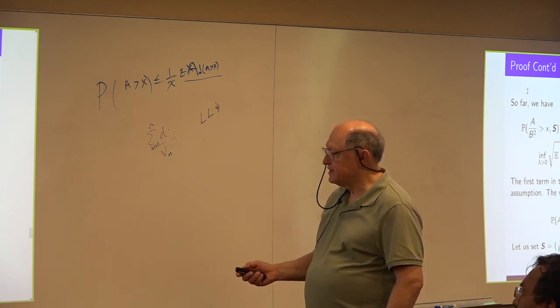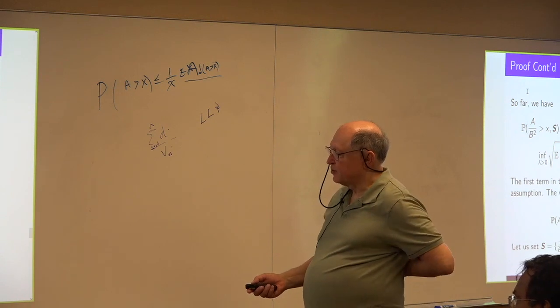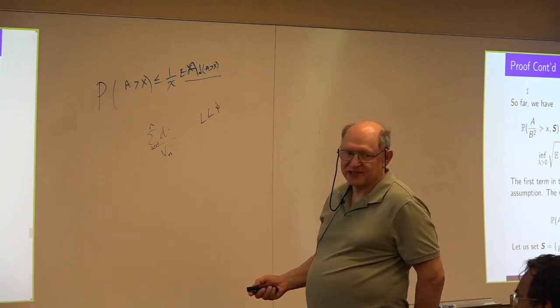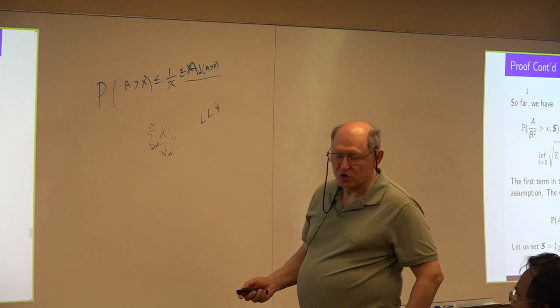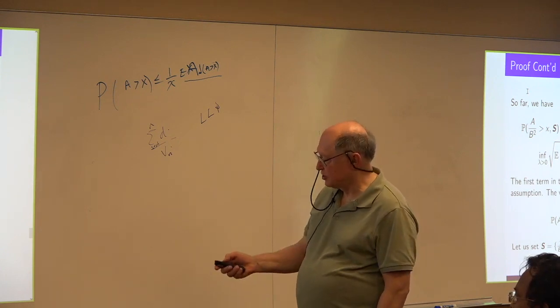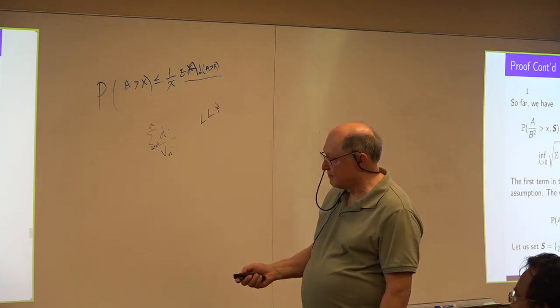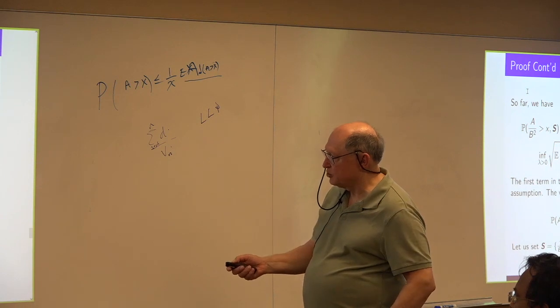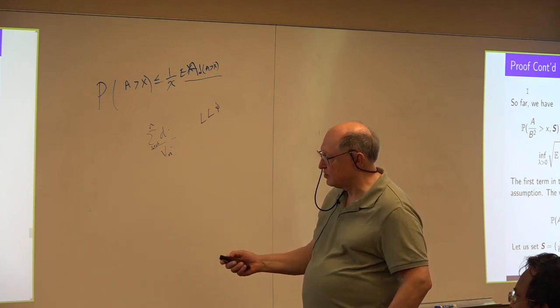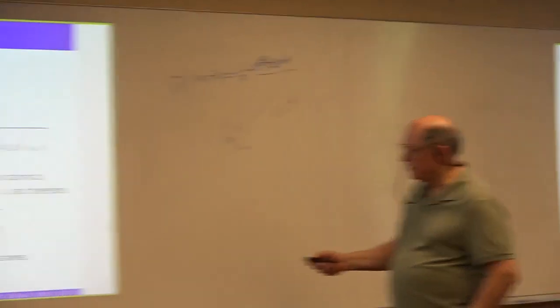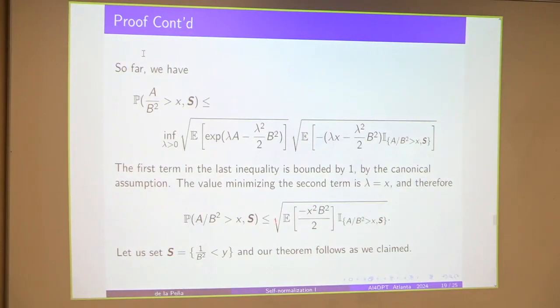Now, this is a better inequality than perhaps what Ramdas does. Because you see, I have the probability, if I minimize over lambda, by completing the squares, I get this expected value of e to the minus x squared B squared over 2 times this indicator. Okay?